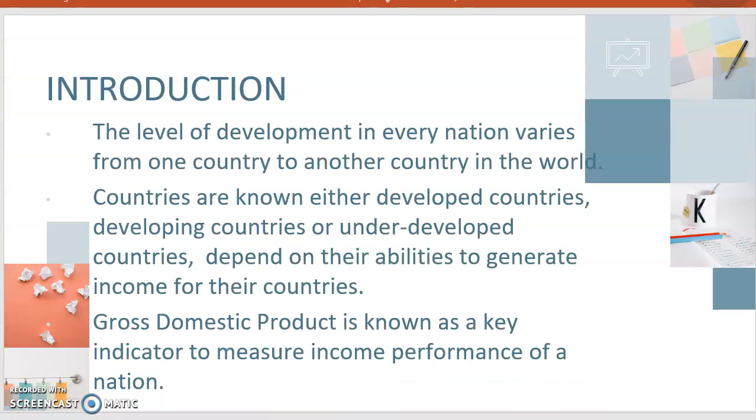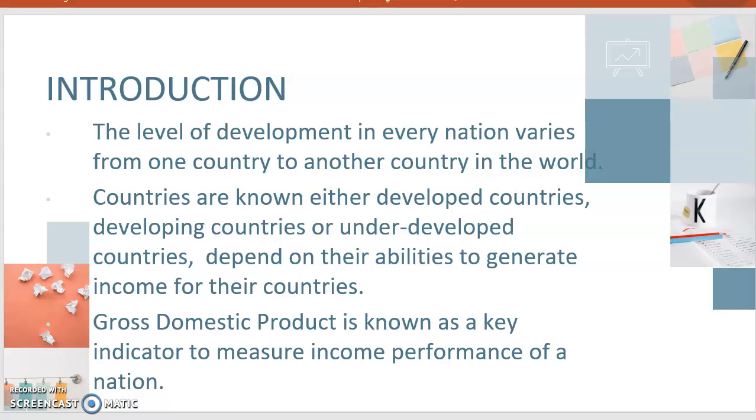Okay, so as an introduction here, every country around the world has regarded its gross domestic product or GDP as extremely vital in order to pursue continuous development and advancement needed for its nation. GDP is considered a key indicator to measure the income performance of a nation, because we know the level of development in every nation varies from one country to another worldwide.